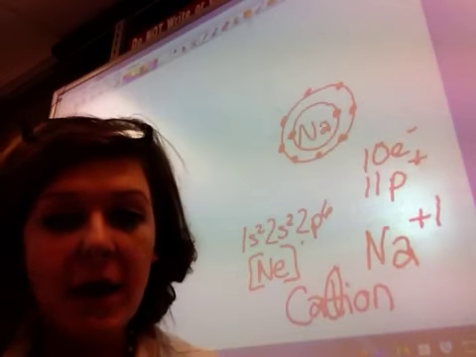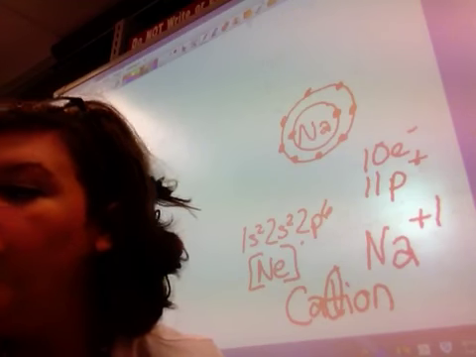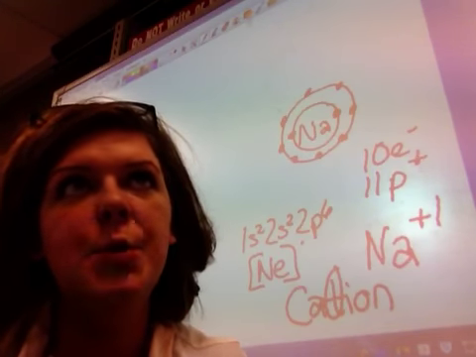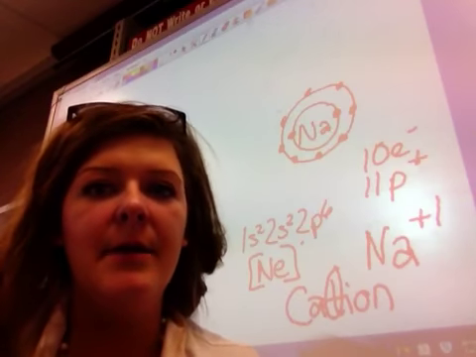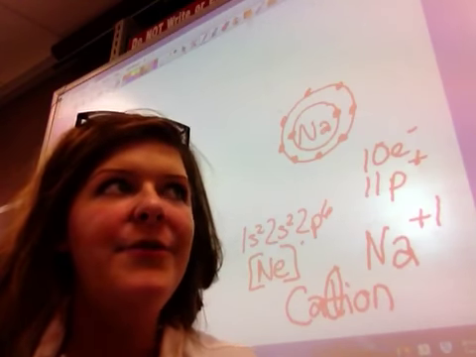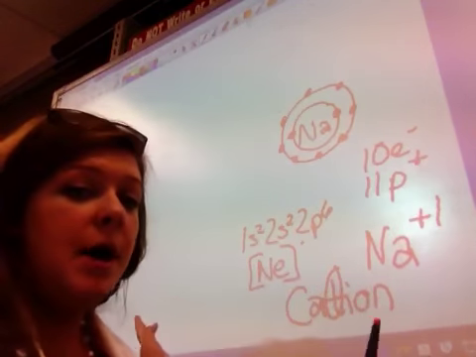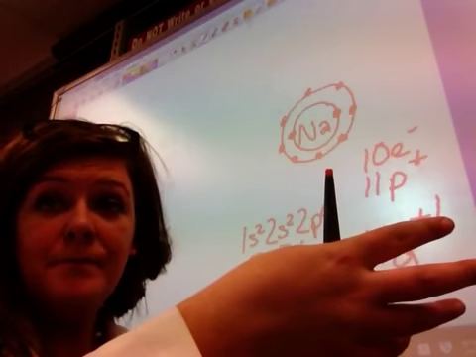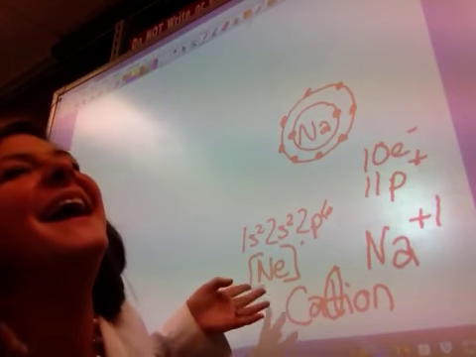Now, cations again are just positively charged ions. So what I want you to understand is, would metals typically be cations or would nonmetals typically be cations? And if you think about this, metals are typically on which side of the periodic table? The right side? The left side?